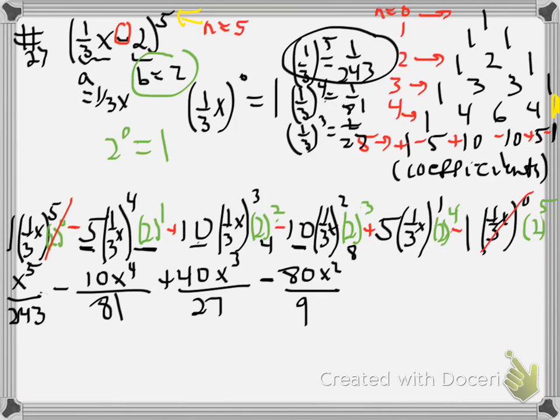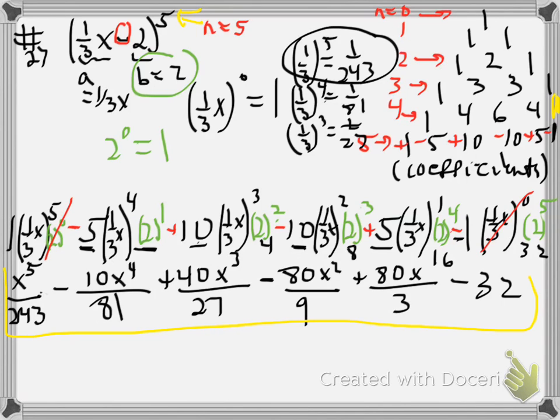Then we're going to have 2 to the 4th, which is 16 times 5 is 80. X, you can say x to the first, but I'm just going to say x. And then 3 on the bottom, which is multiplying by 1/3. And the last one is 2 to the 5th, which is 32, and there's a minus sign and a 1. So it's minus 32. There's your answer, following Pascal's triangle, breaking it up into parts.